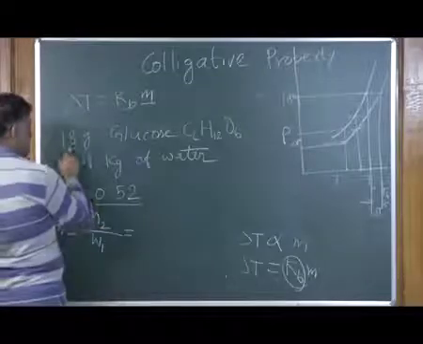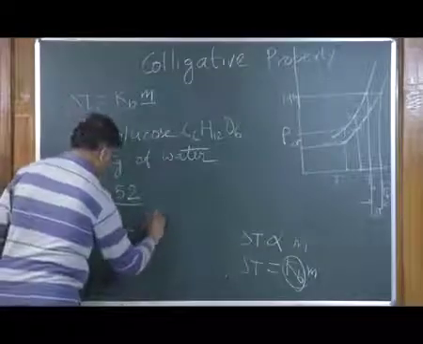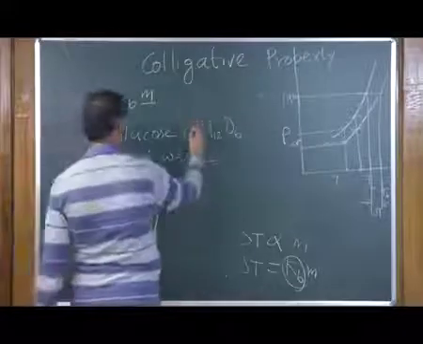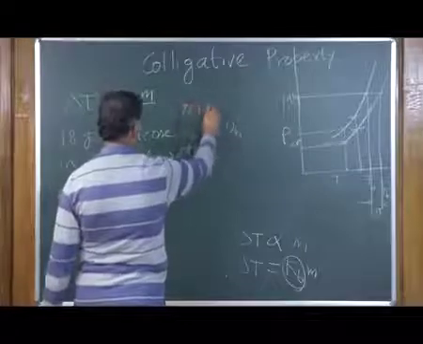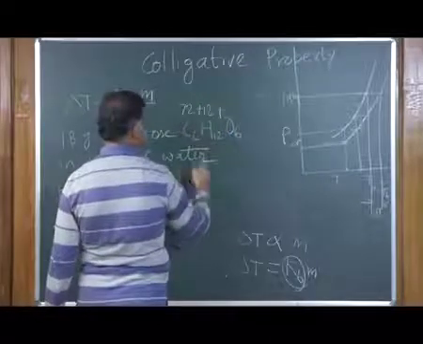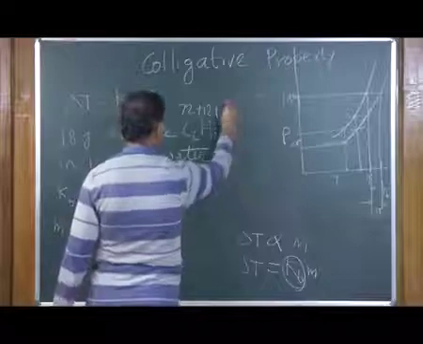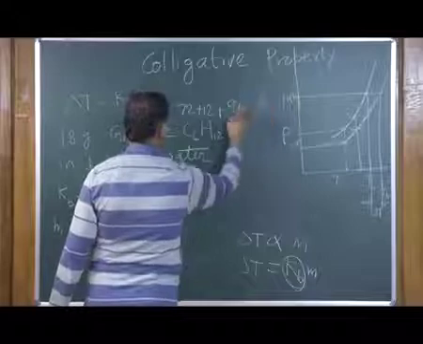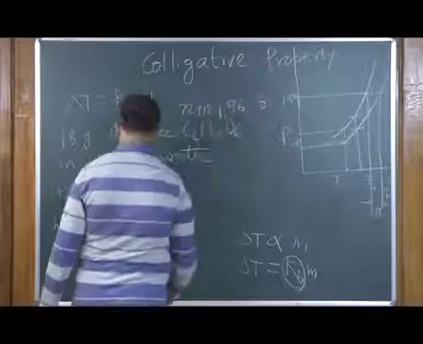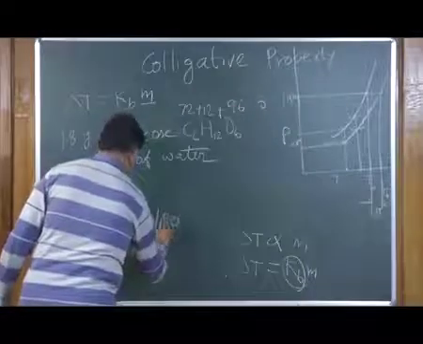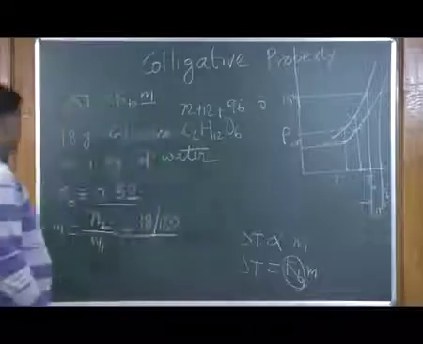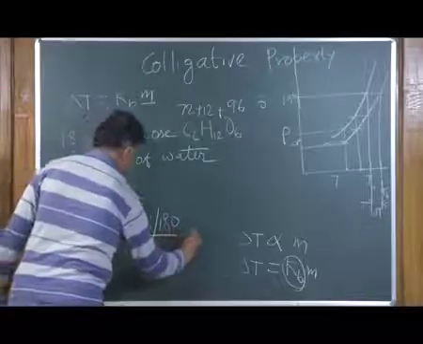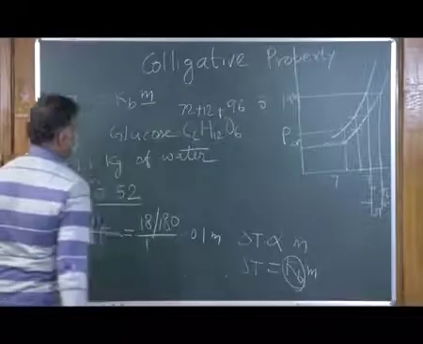I am given 18 gram divided by the molecular weight of glucose, that would be 72 plus 12 plus 96, which is 180, divided by the weight of solvent, which is water, 1 kg. So, it is simply a 0.1 molal solution.